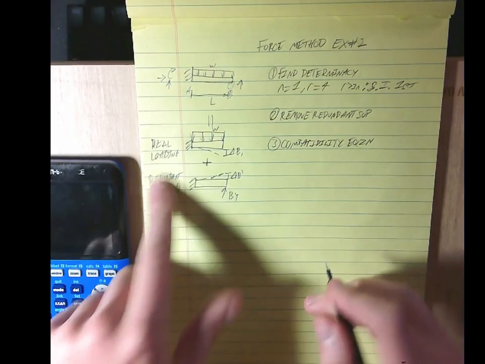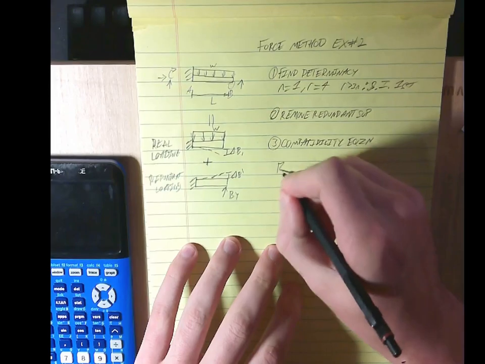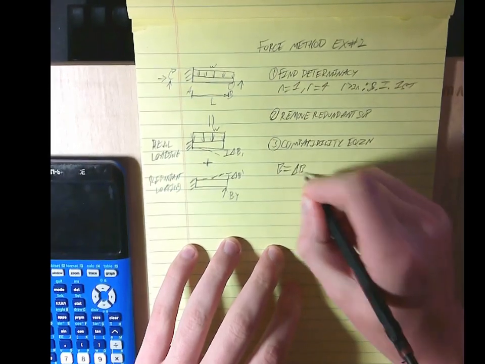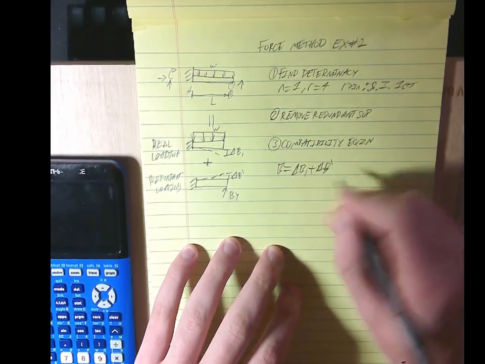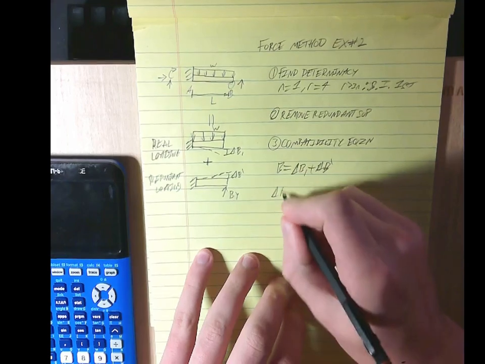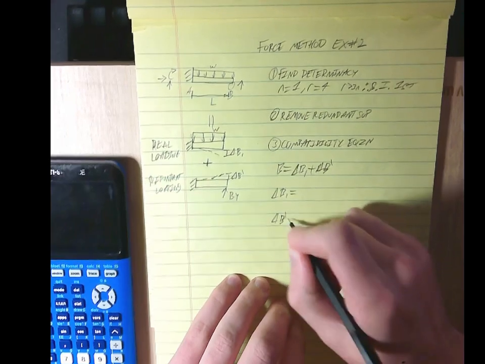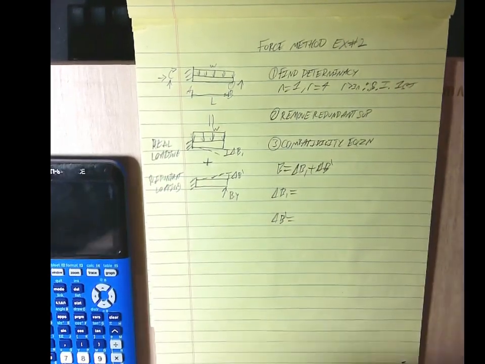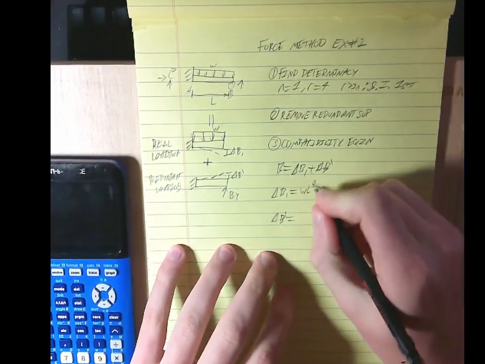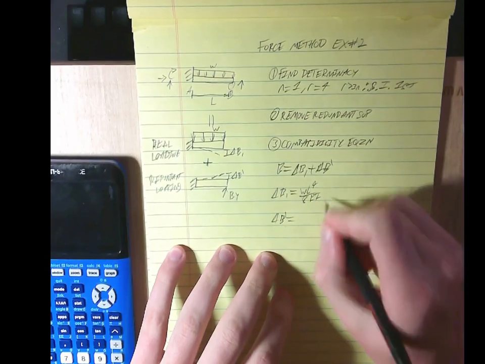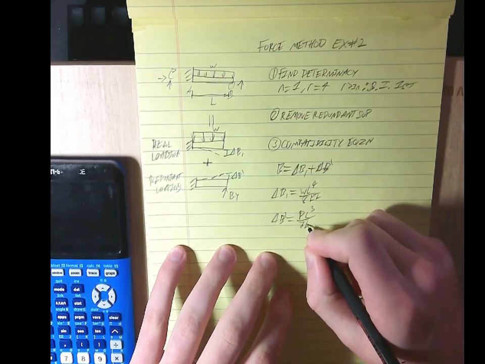Okay, and with this, we now know that delta B is going to be equal to delta B1 plus delta B prime. And what is delta B1 equal to? And then what is delta B prime equal to? Well, as you recall, this is going to be WL to the 4th over 8 EI, and this is going to be PL cubed over 3 EI.